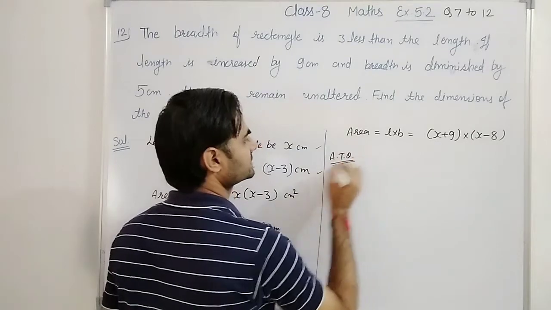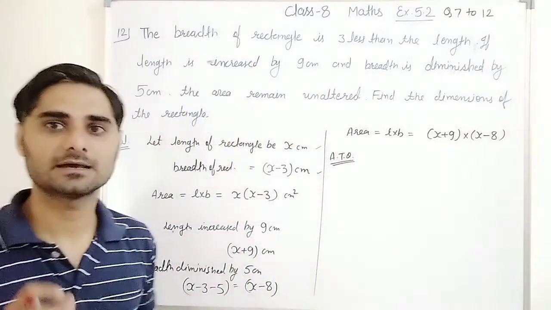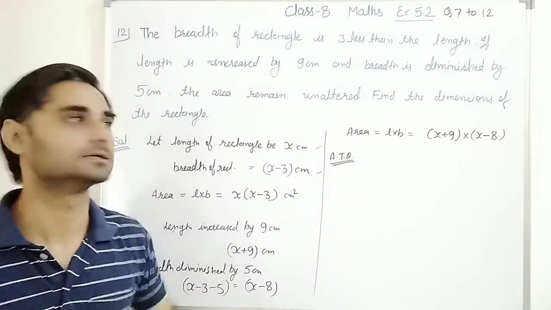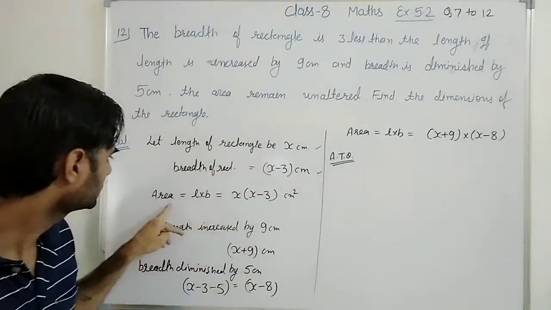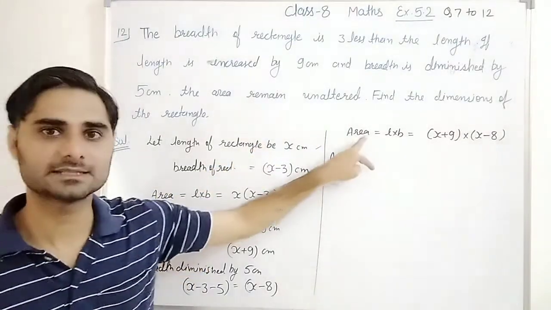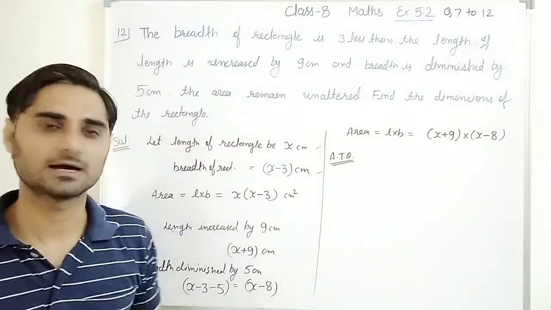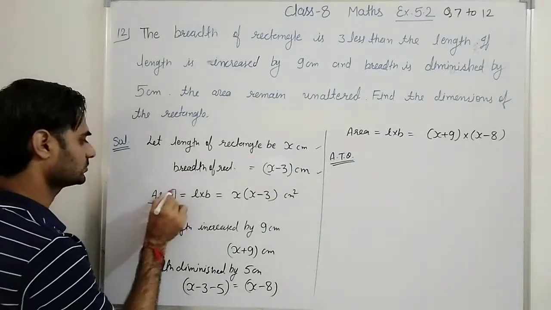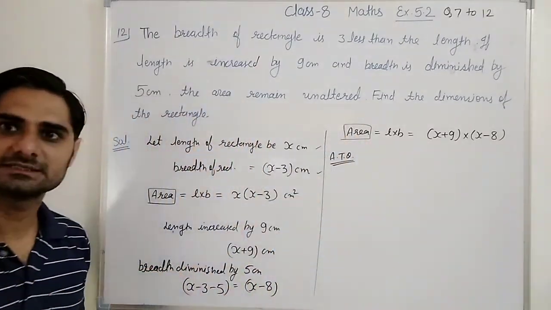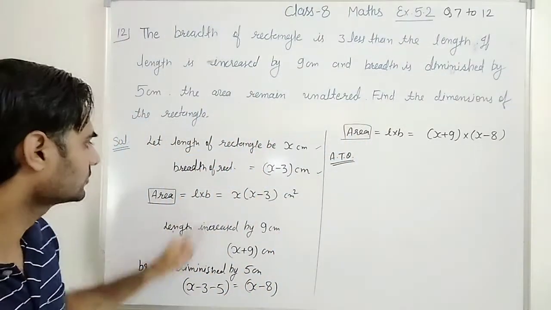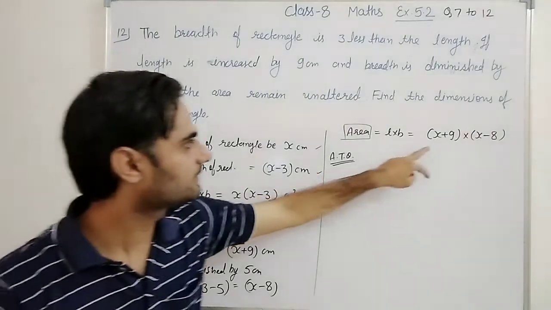According to question, area remains same, unaltered. Unaltered लिख लेते हैं. पहले वाला area, this one. Second area, this one, both are unchanged. There is no change at all. ये जो area है ना दोनों, इन दोनों में कोई change नहीं होगा. नहीं होगा तो दोनों equal होंगे. It means this area will be equal to this.